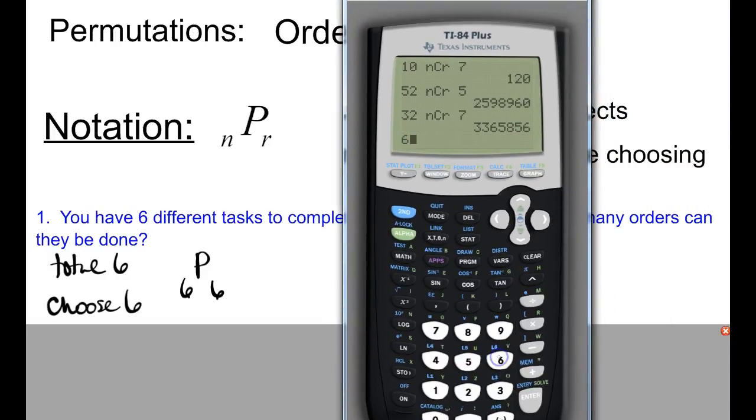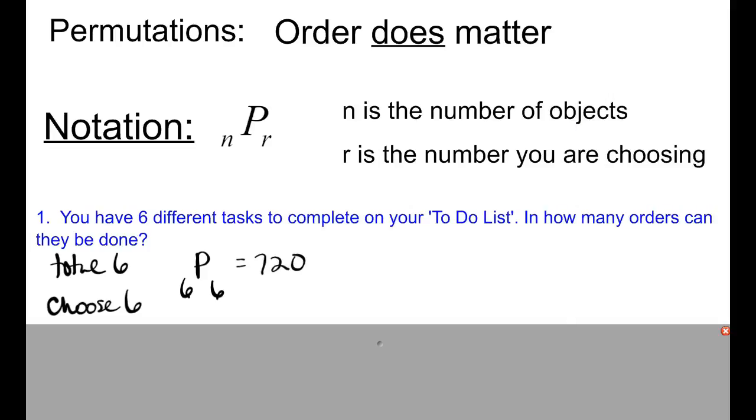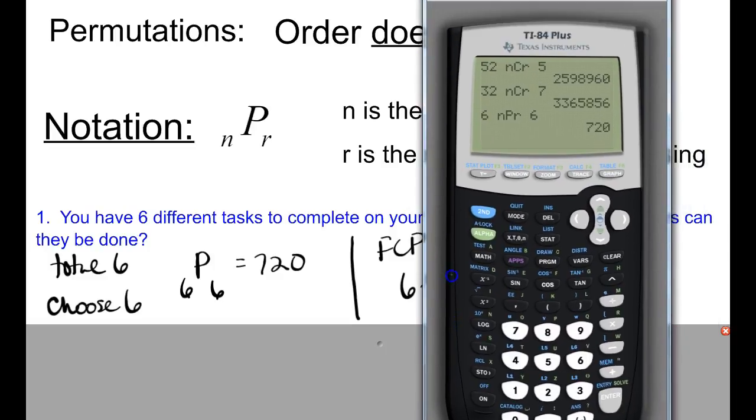So I'm going to do 6, math, probability, permute. Oops, enter, 6. I get 720. This is the same as if I use the fundamental counting principle. And I said, what's 6 times 5 times 4 times 3 times 2 times 1? And how do you do a factorial in there?